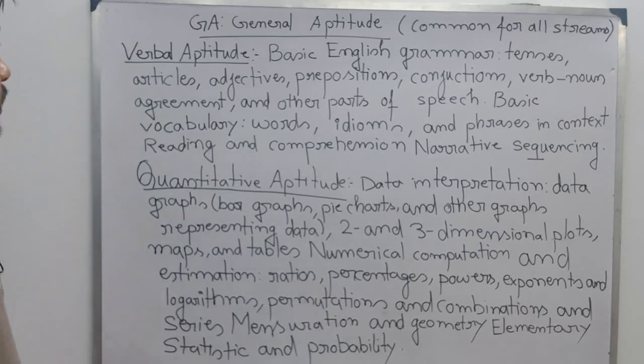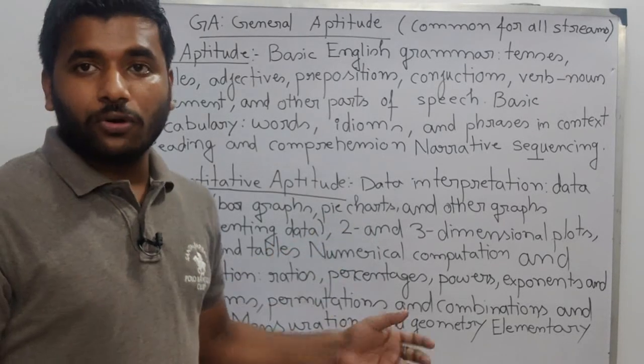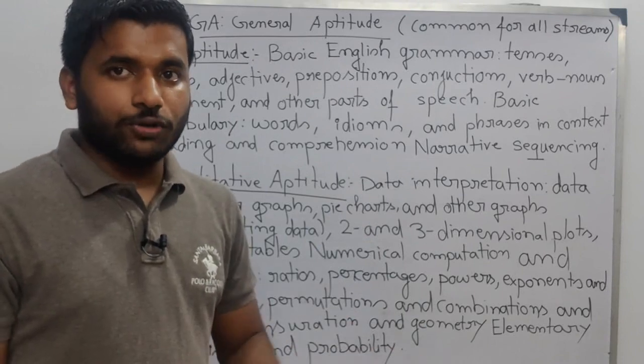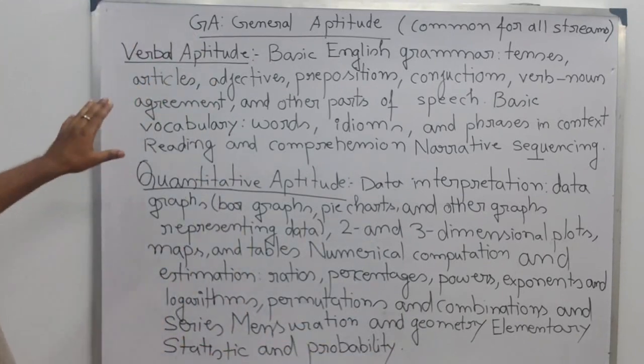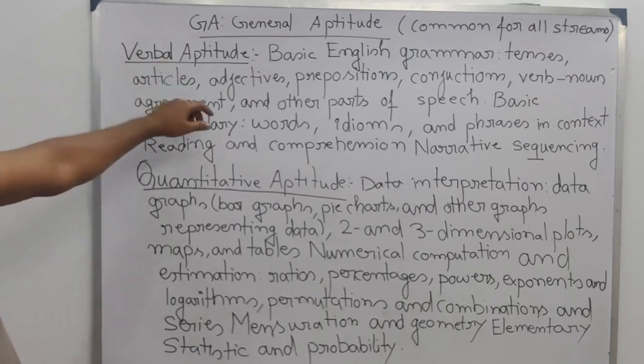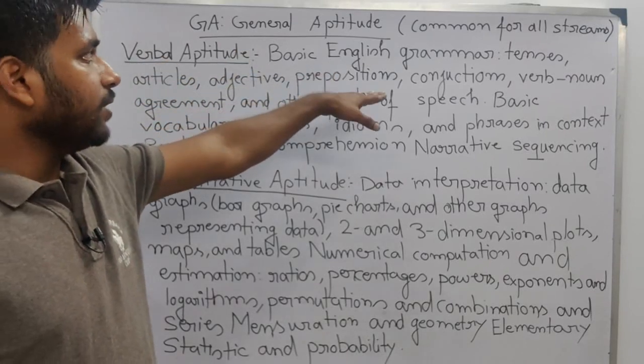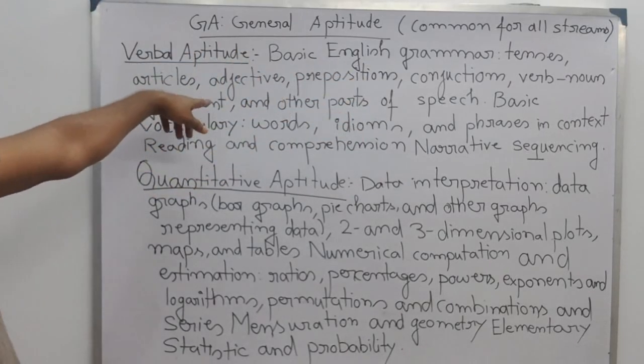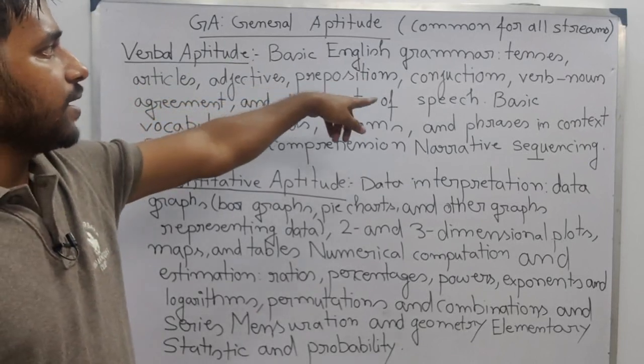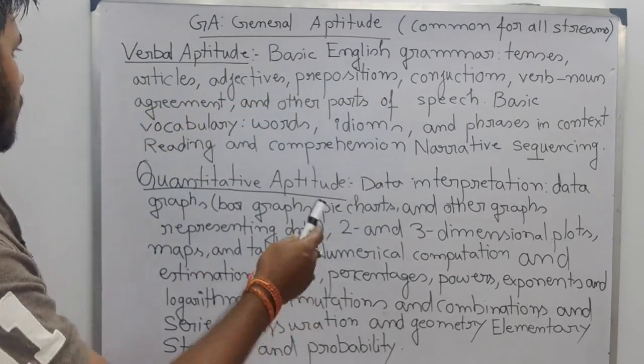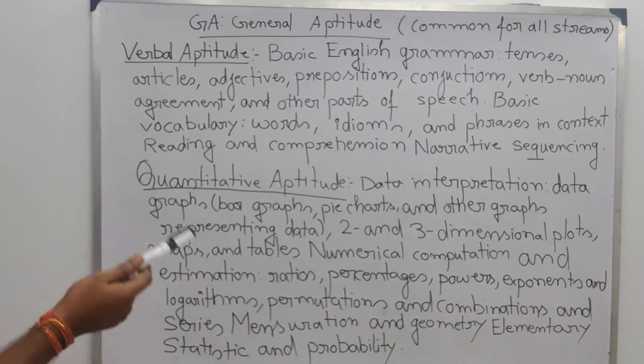Okay. Now see the syllabus of general aptitude. General aptitude is going to be common for all these streams. So verbal aptitude contains basic English grammar, tenses, articles, adjectives, prepositions, conjunctions, verbs, nouns, agreement and other parts of speech.